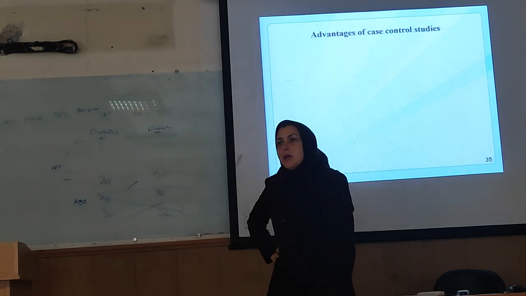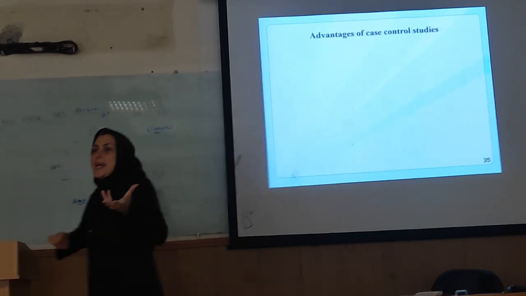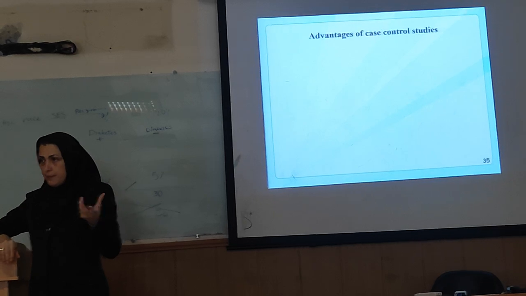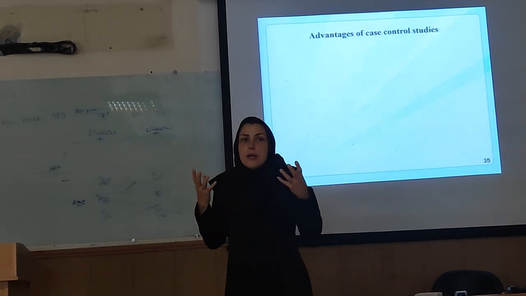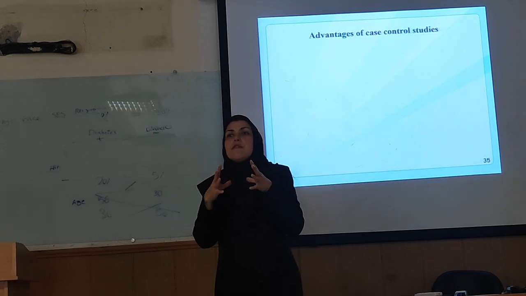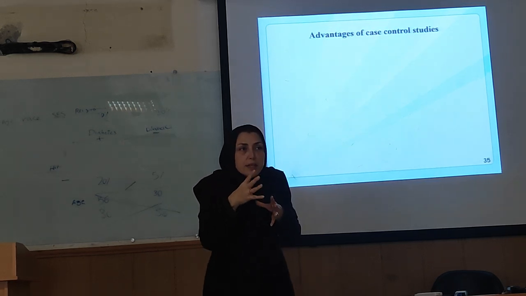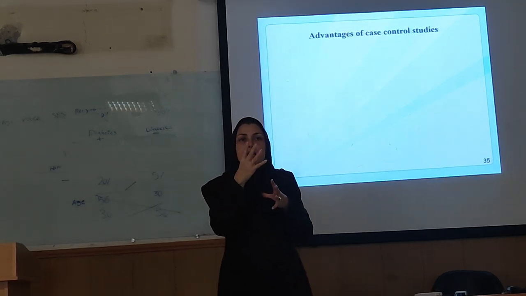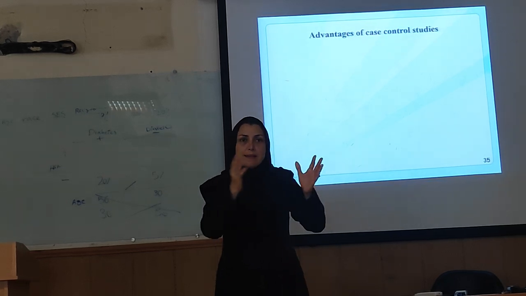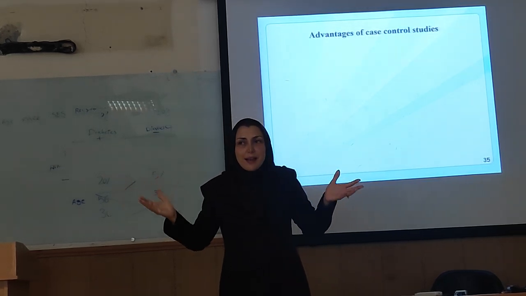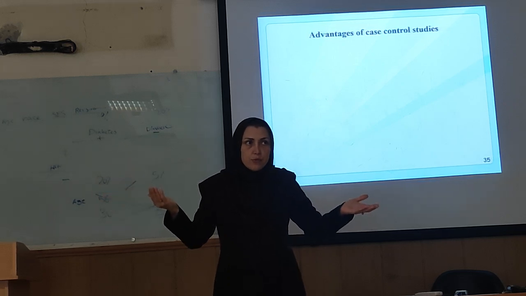What is asbestosis? It is a chemical substance. It is important to find the percentage of previous history of exposure to asbestosis, and compare the prevalence between cases and controls.